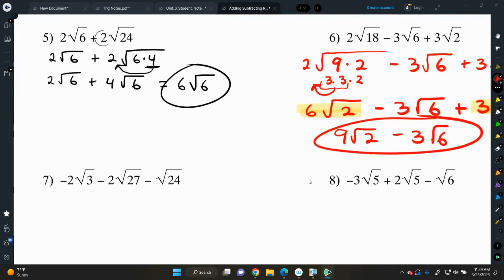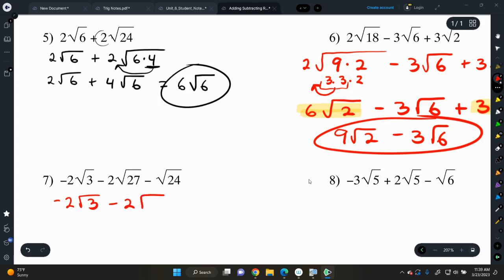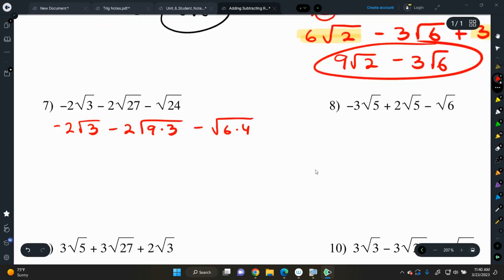Angelo, how about number 7? So you could just like keep it 2, okay, and then I did 9 times 3, good. I'm going to simplify that 27 is 9 times 3. and then I did 6 times 4, okay, and then I simplified to 3 times 3. Yeah, and then I brought the 3 outside, so it would be -6 square root of 3 for that. Okay.